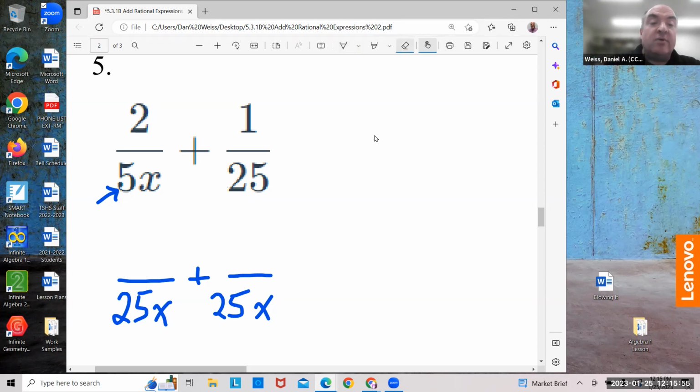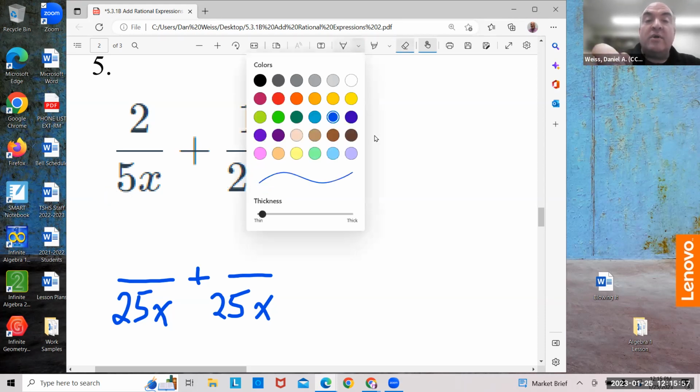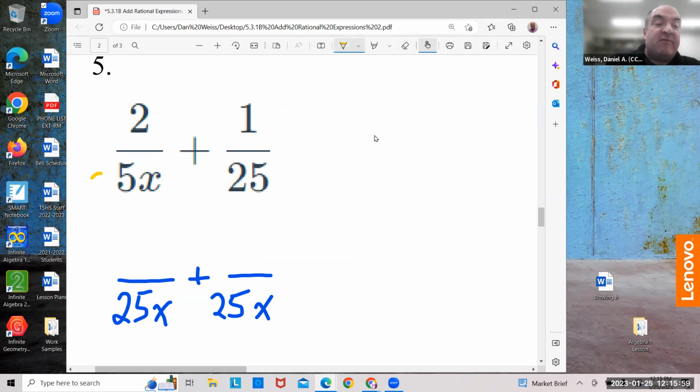All right, so once again, 5x times what makes 25x? Wouldn't 5x times 5 make 25x? Whatever you do to the bottom, you gotta do to the top.